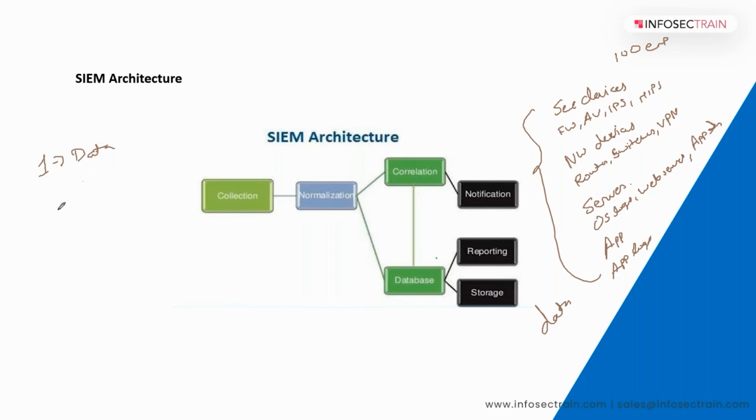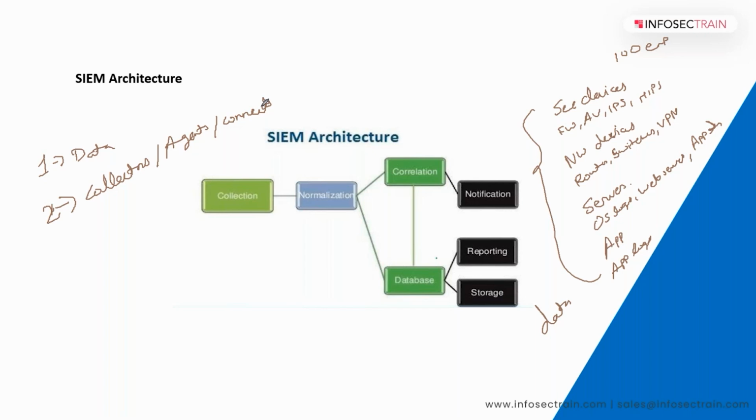After that, what do we have? At the second step, we have collectors, also called agents, also known as connectors. What these collectors or agents do is collect and normalize the information obtained from different devices.